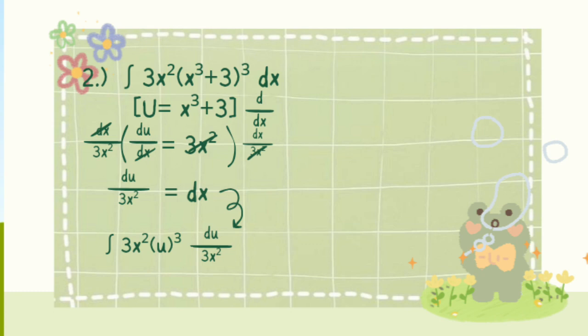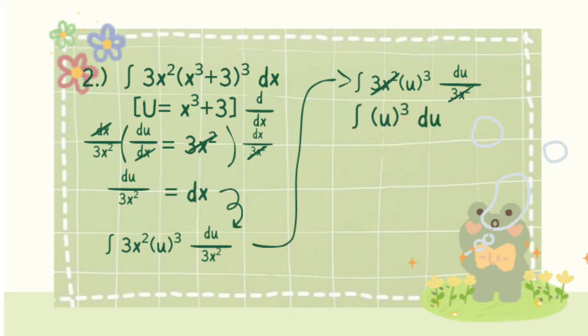After that, we will just copy the given and replace the parentheses with u. Integral of 3x squared times u raised to 3 du over 3x squared. Since we still have similar variable, we need to cancel those out, and that gives us only the integral of u raised to 3 du. Then add plus 1 to the exponent, and whatever the answer of the exponent plus 1 will be added also as the denominator of u.